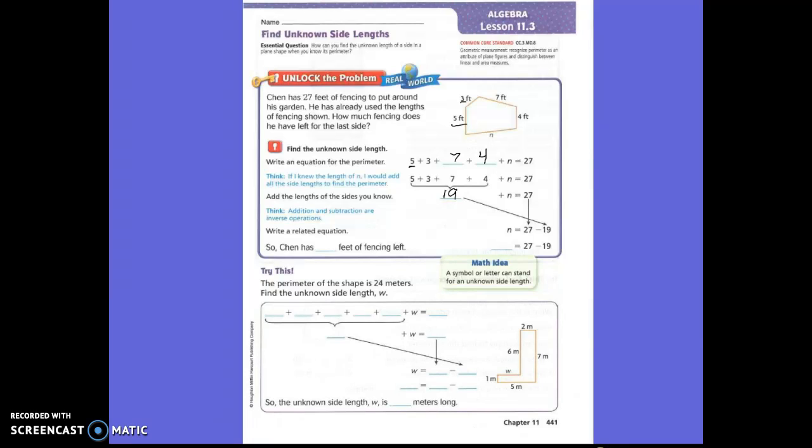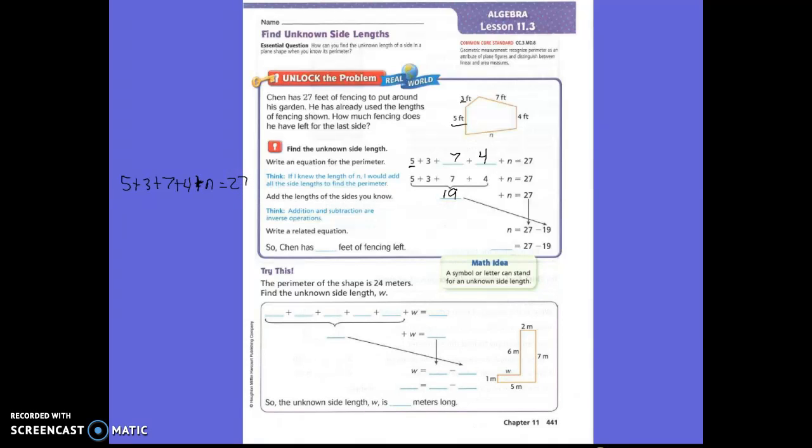Now, I'm going to tell you this, when you add up things, but then you have an unknown number. Okay, let me write this equation for you. 5 plus 3 plus 7 plus 4 plus n equals 27.